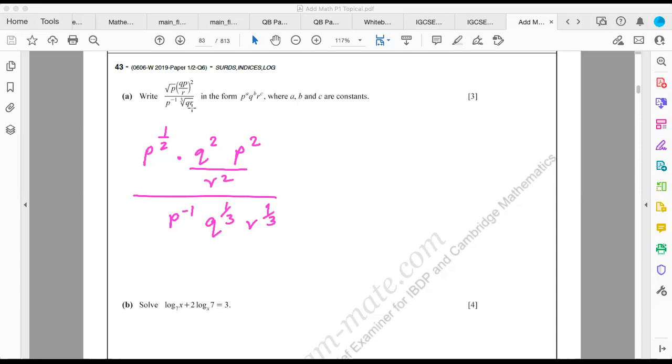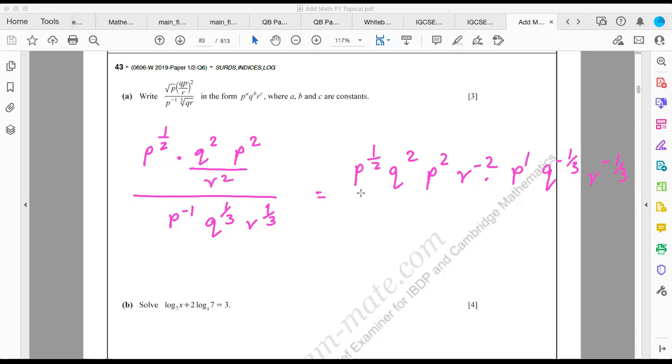Cube root can be written as to the power 1/3. After this, you simplify all of these. So first p to the power half, q to the power 2, p to the power 2, r to the power negative 2. So this goes up and becomes r to the power negative 2.